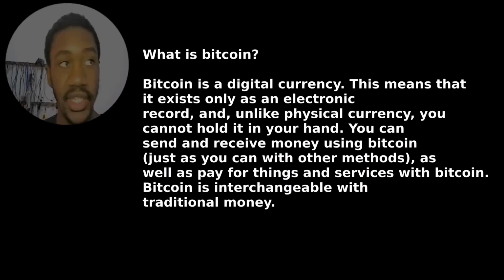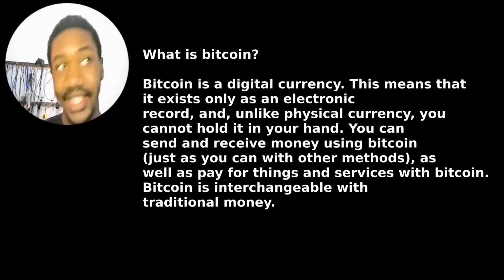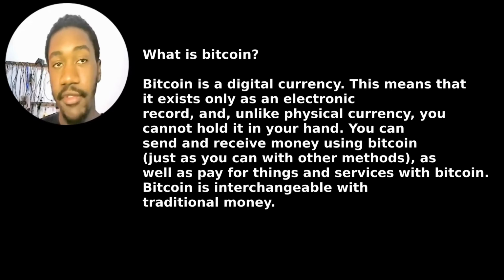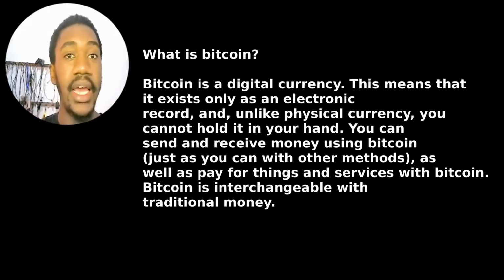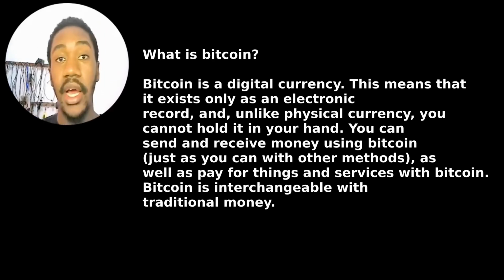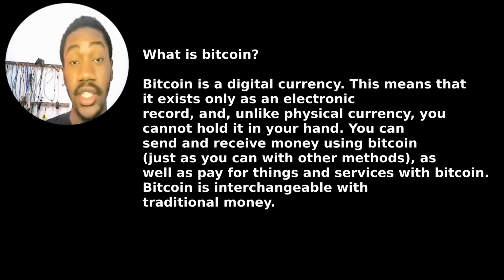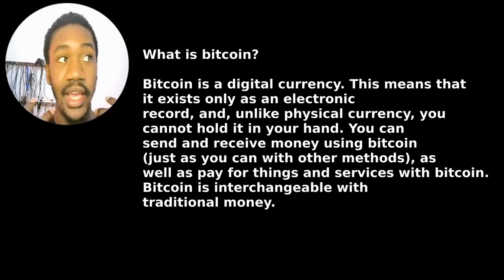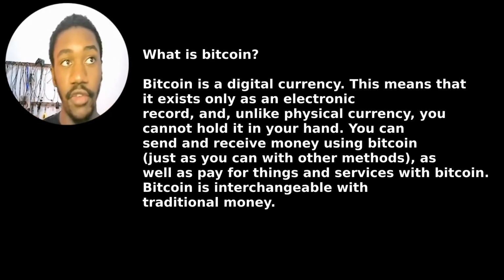What is Bitcoin? Bitcoin is a digital currency. This means that it only exists in an electronic record, and unlike physical currency, you cannot hold it in your hand. It's not like Naira, it's not like dollar, it's not like franc CFA. It's a currency that is electronic. First of all, digital currency.